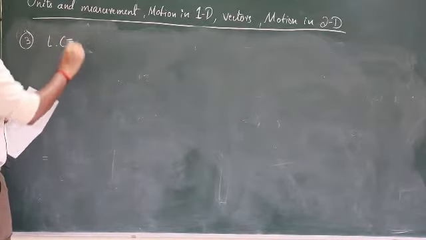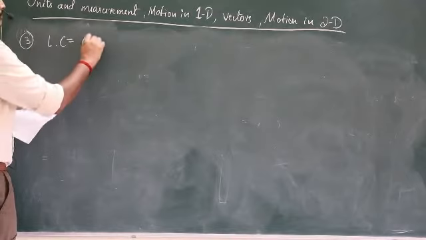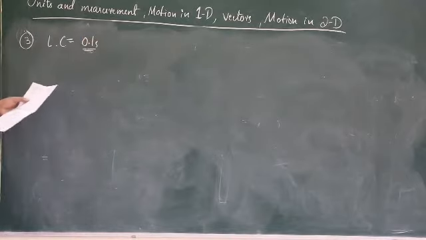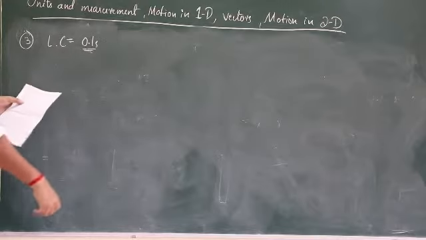The time of 50 oscillations of the pendulum is found to be 50 seconds.